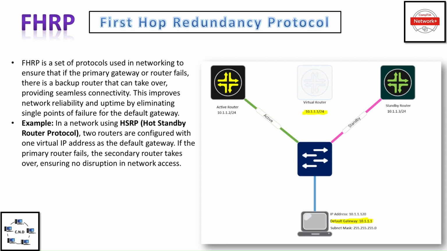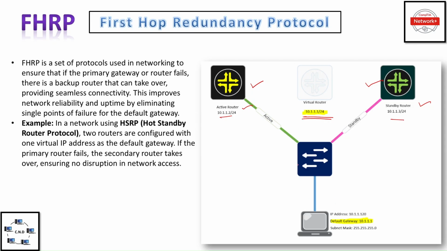So I hope this is understandable. So we have these two routers, and they are configured in high availability, meaning that one router is active at a time, the other is standby. And there is a virtual router or a virtual gateway configured. So at the client side, we do not give the default gateway as the physical IP addresses of the router. Instead, we configure the virtual IP address as the default gateway.